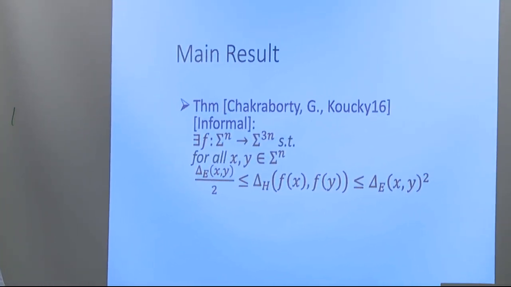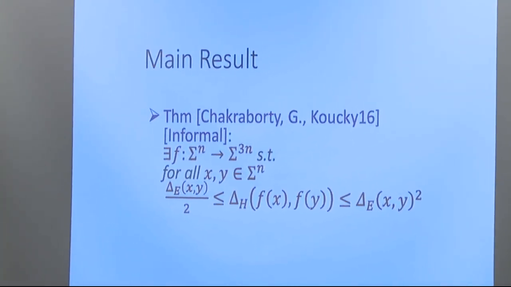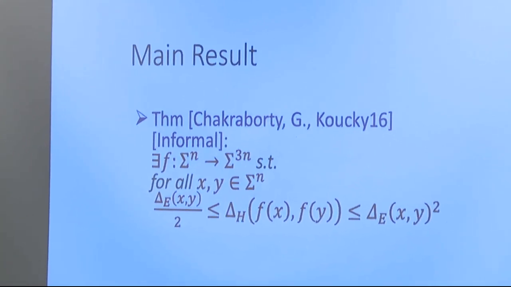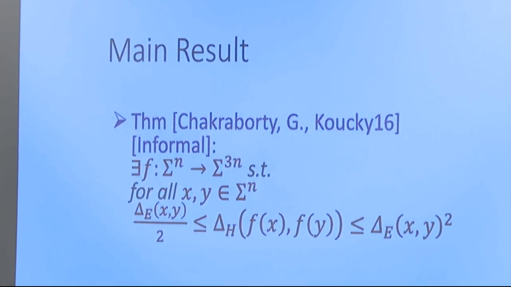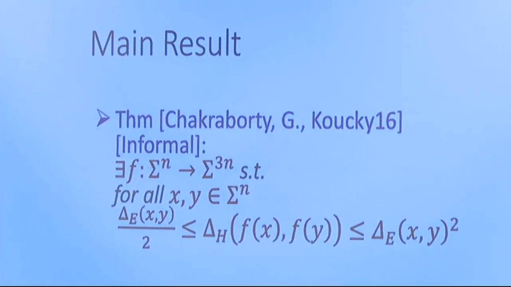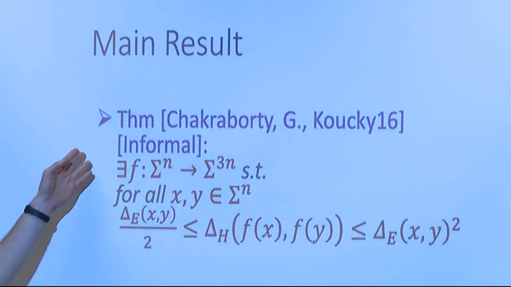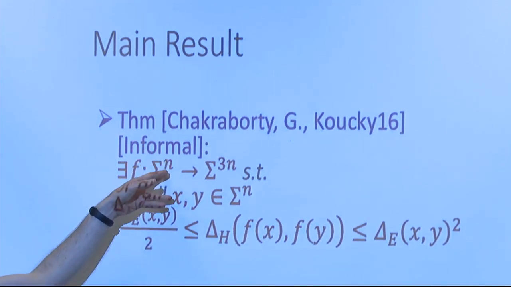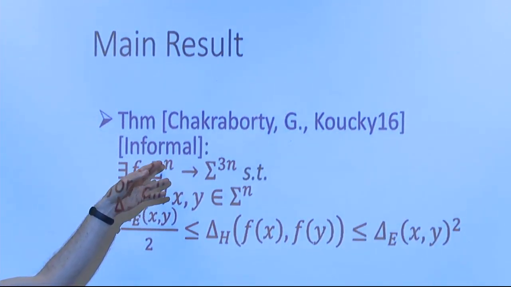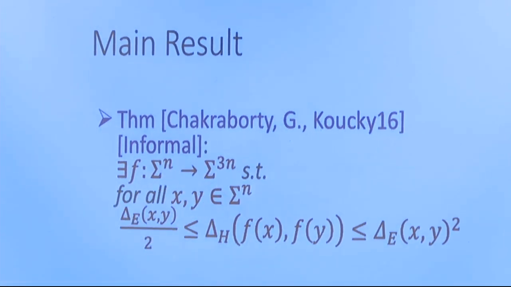Our main result, which is a bit old, from 8 years ago I think, together with Michal and Diptarka, we show that there is an embedding. The embedding takes strings of length n into strings of length 3n.